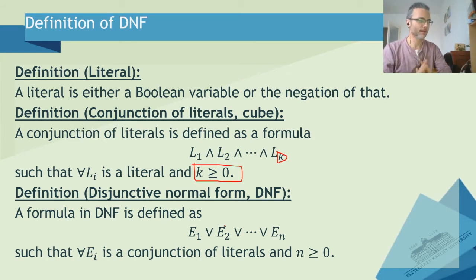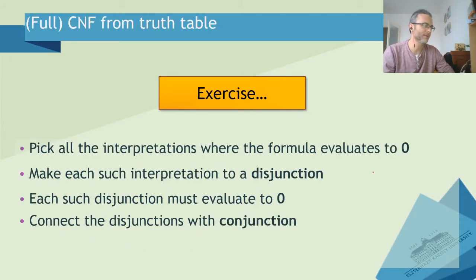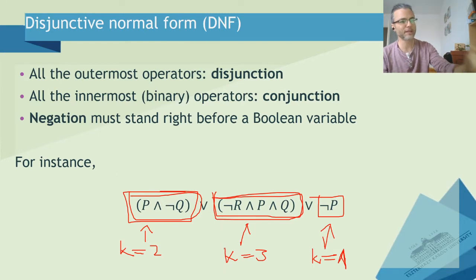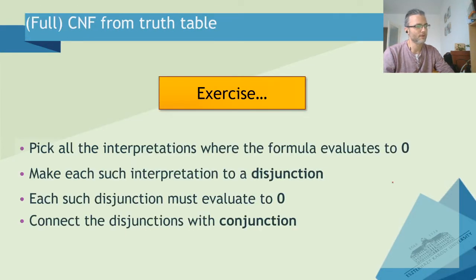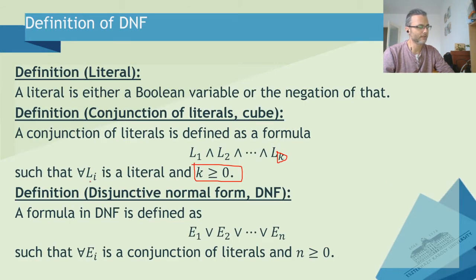Okay, so we already defined the cubes. Now let's do the final touch here. I have 3 cubes here. Let's connect them with this disjunction. This makes this normal form disjunctive. So let's define what the disjunctive normal form, DNF, is.